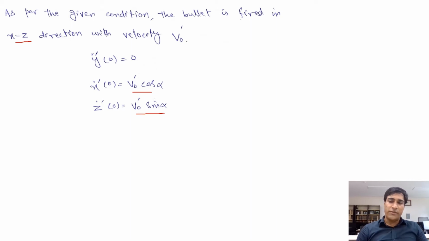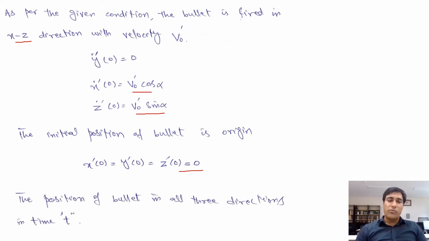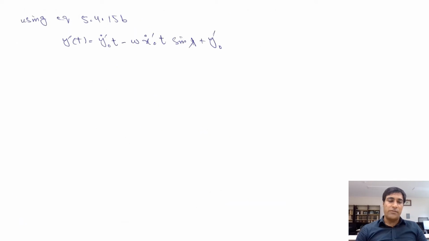This is very simple. The initial position of the bullet is the origin, as in the previous case, so x dash, y dash and z dash are all equal to 0.